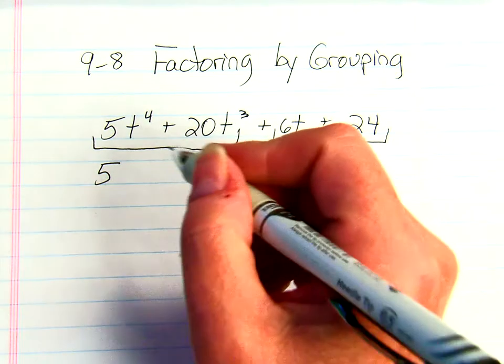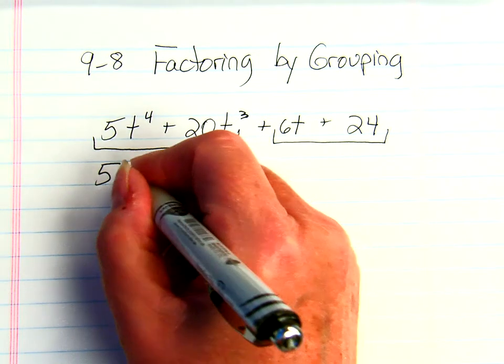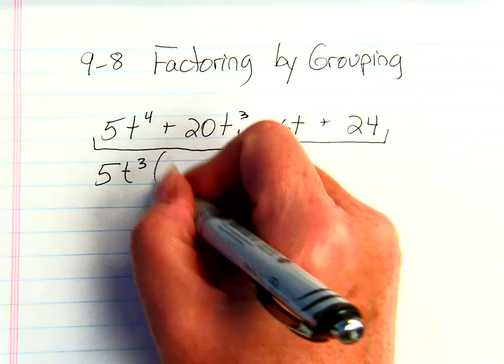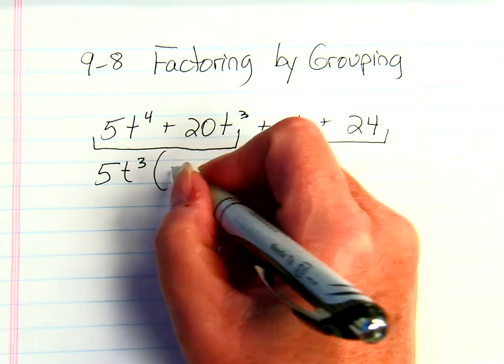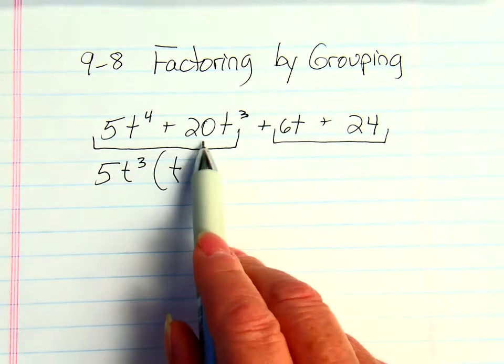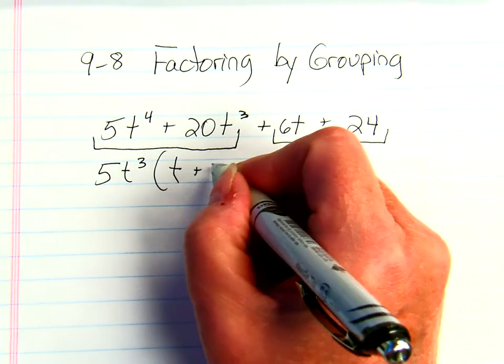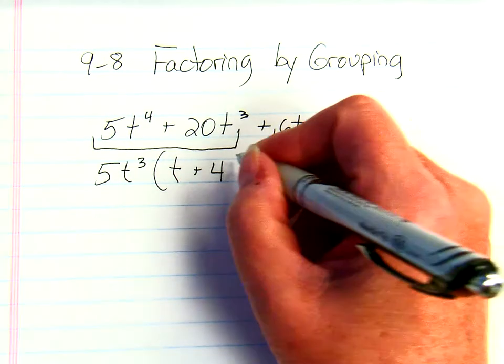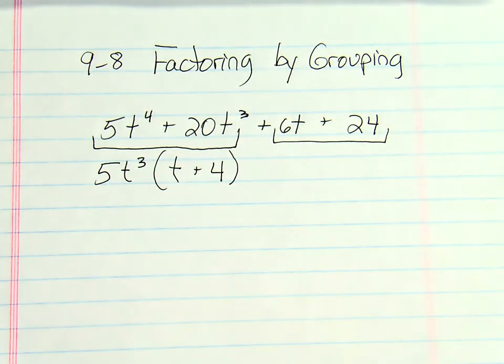I can pull out 3 t's. So I'm going to pull out 5t cubed. What we have left is a t here, and here we have plus 4, and we have no t's. So t plus 4 is all that is left.